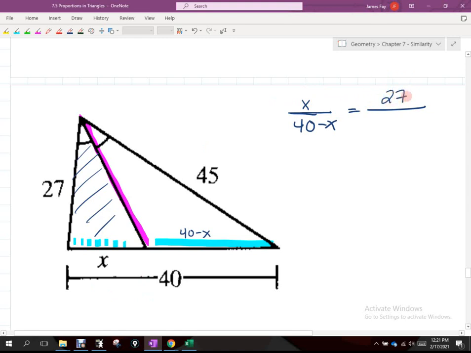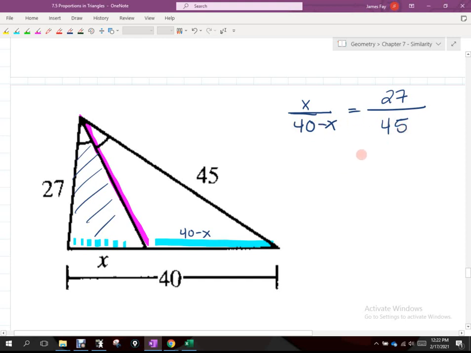I'm going to put 27 there and 45 there. These two came from the same triangle, right? Does that make sense? Okay, it came from the triangle on the left, so that's the common theme in the numerator. 40 minus x and 45, they came from the triangle on the right. That's the common feature there.